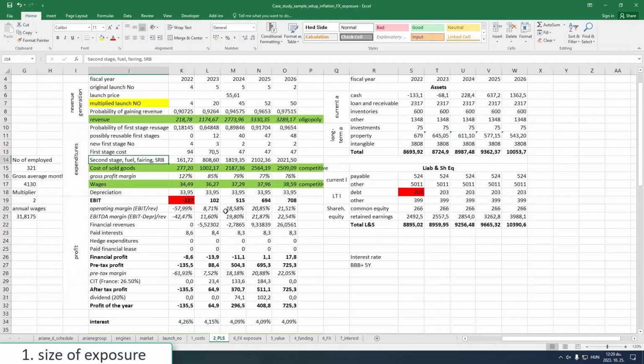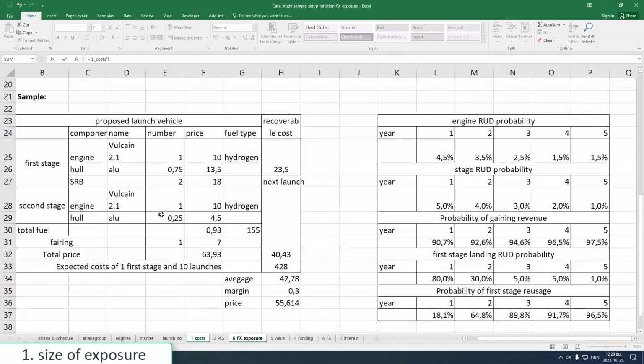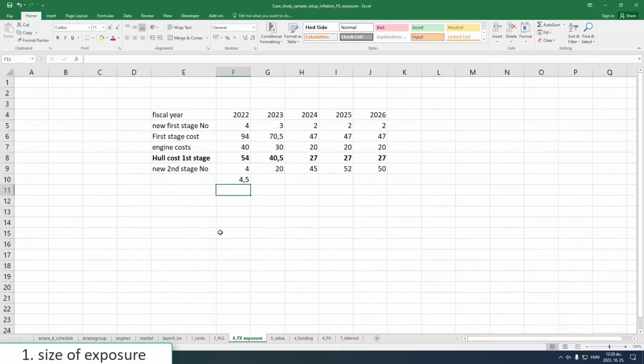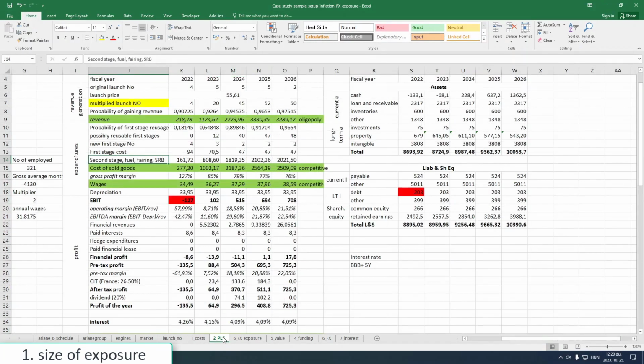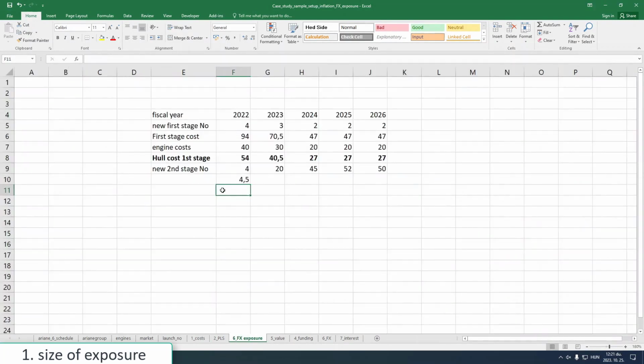Okay, so again we just have to add. Let's go back to the cost table. At least here we have the aluminium price. But I would also have, okay, this price from here as well.